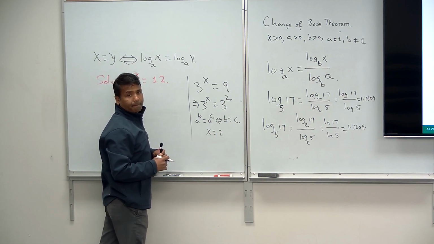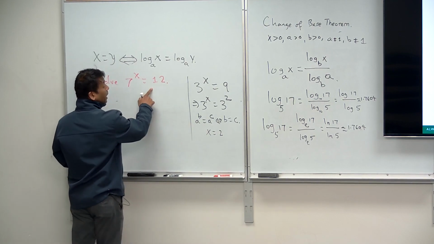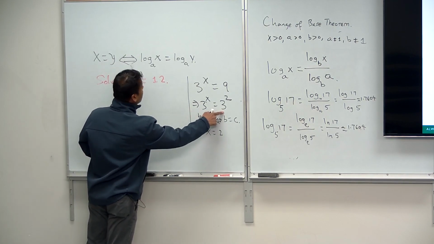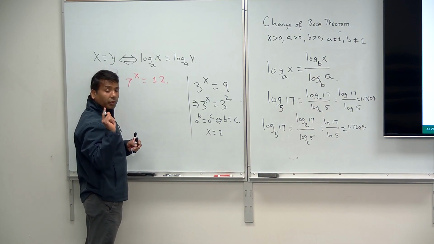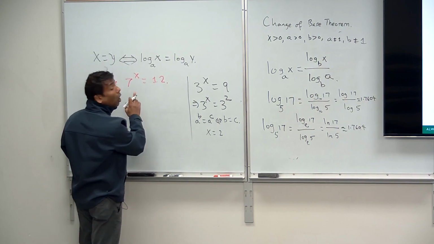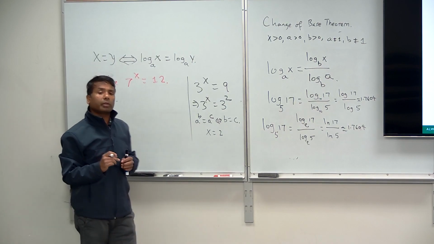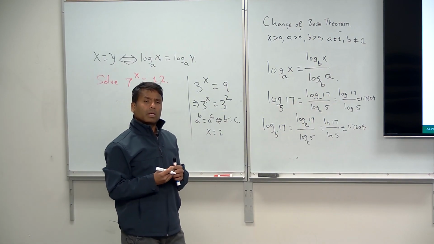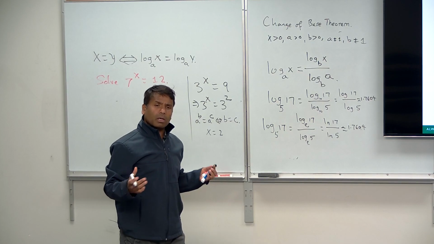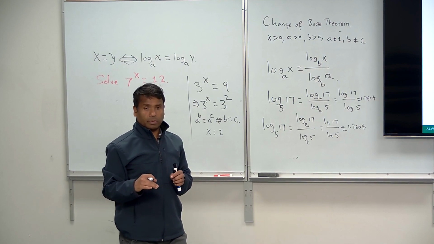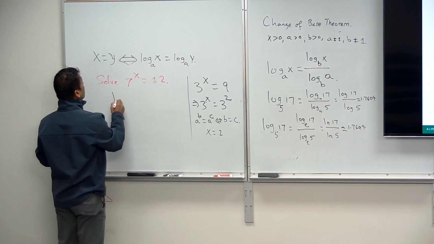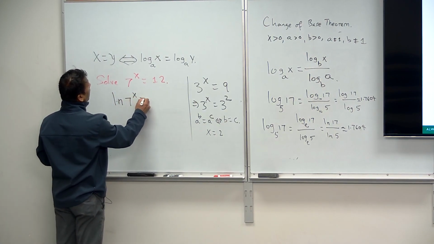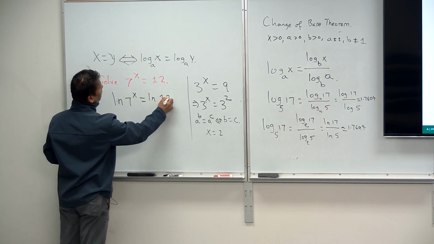But here, you cannot make the base the same on both sides. So that's why you have to take log on both sides. You can take common log or natural log, it's up to you. If you want to take natural log, it is going to be ln 7 to the power x equal to ln 12.